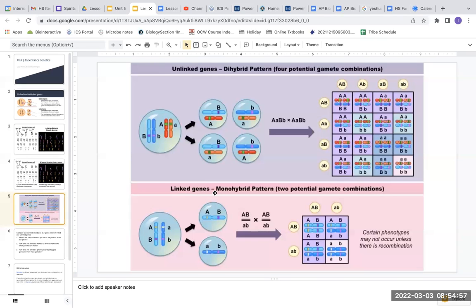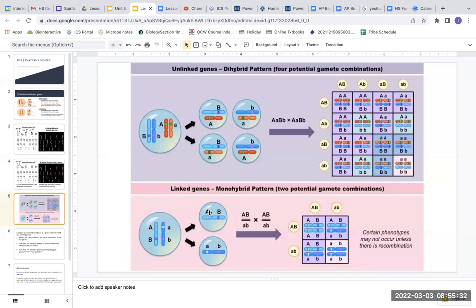However, when you get linked genes, the gene A and the gene B sit on the same chromosome. So when you split the cell in half and produce eggs and sperm, the one on the left-hand side would go into one egg, and the one on the right-hand side will go into another egg. Because A and B both sit on the same chromosome, this big B allele will always be inherited with the big A allele.